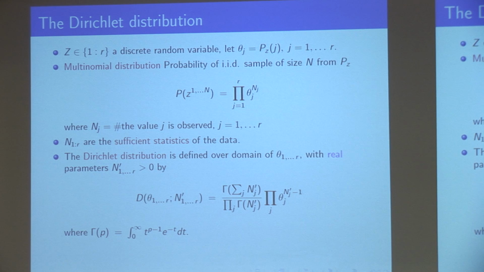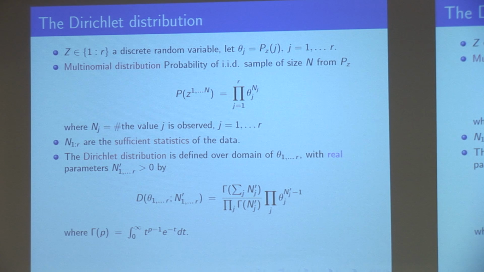Now we get to the Dirichlet distribution, which is a distribution over the domain of theta. So it's a distribution over distributions of the form Pz. And this is defined in the following way. This is the domain. This is the variable theta. And the n primes are parameters. So it depends on R parameters.